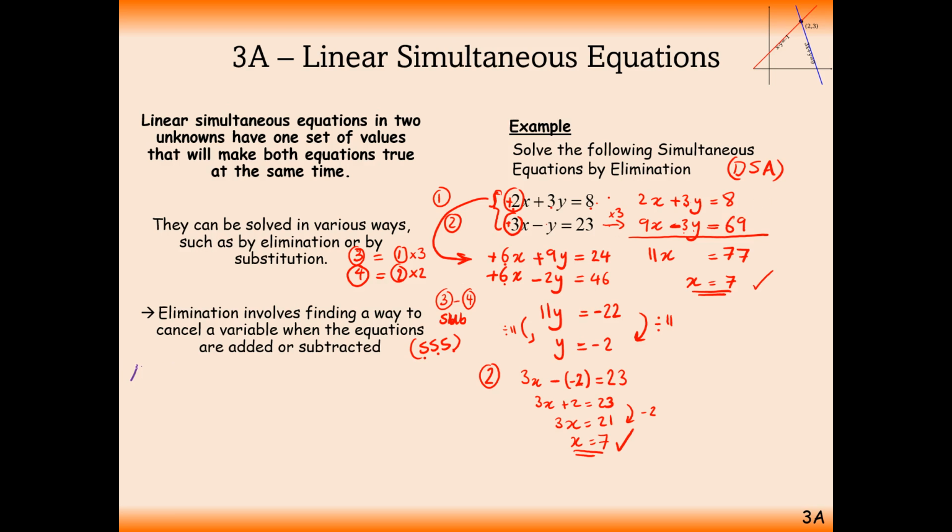With substitution, we eliminate by substituting one variable for another. I'm going to take equation 2 and rewrite it with y on one side of the equation. I'm going to add y to this equation and take away 23. So I'll end up with 3x minus 23 equals y.